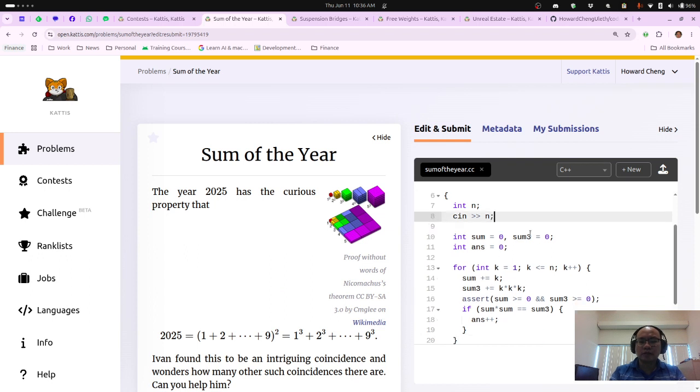Go back to 64-bit integers. Well, actually I'll use this. So this is checking whether they overflow.